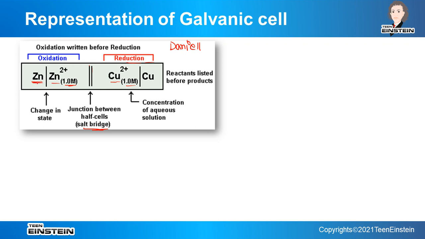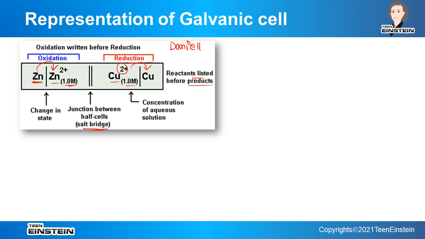Why? Because Zn is converted to Zn2+, not the reverse. So reactants are listed before the products. And Cu2+ is accepting electron and it is reduced to copper. So that is why Cu2+ is written first and then copper. And here we are using one single vertical line, because a double line means it will be the salt bridge.